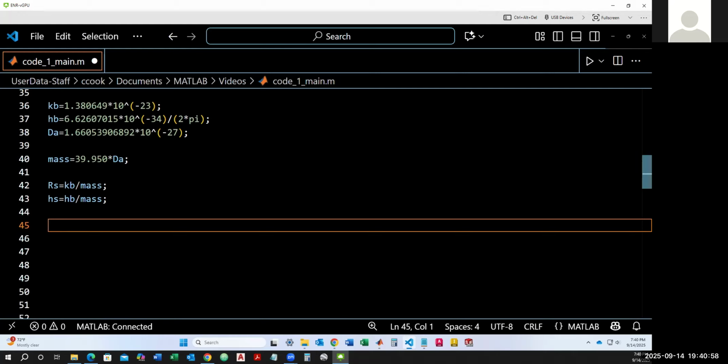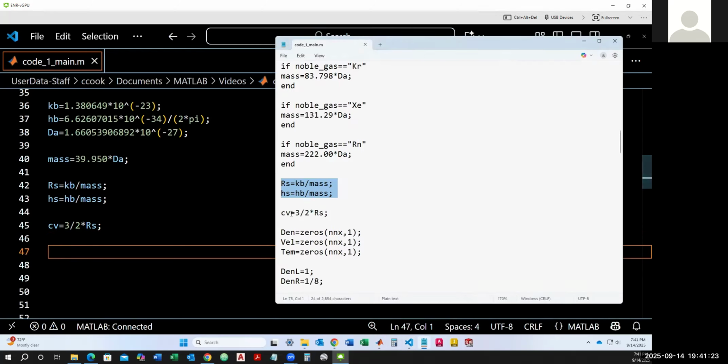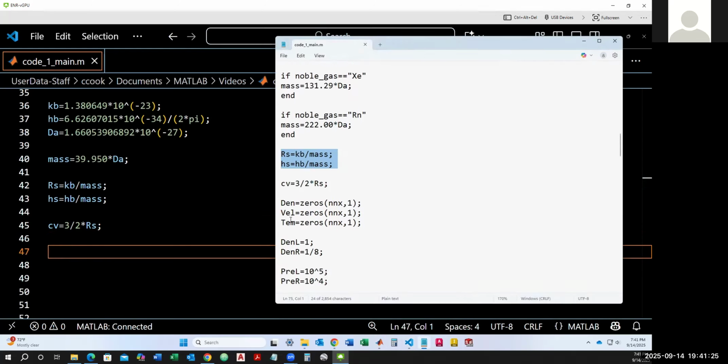This is a monatomic perfect gas, so our specific heat coefficient at constant volume will be 3/2 times RS. There's my CV.